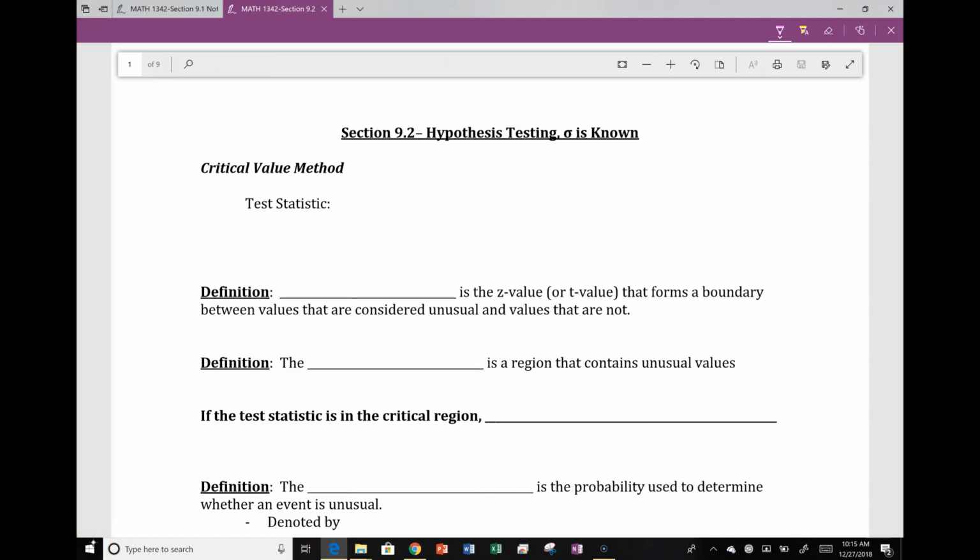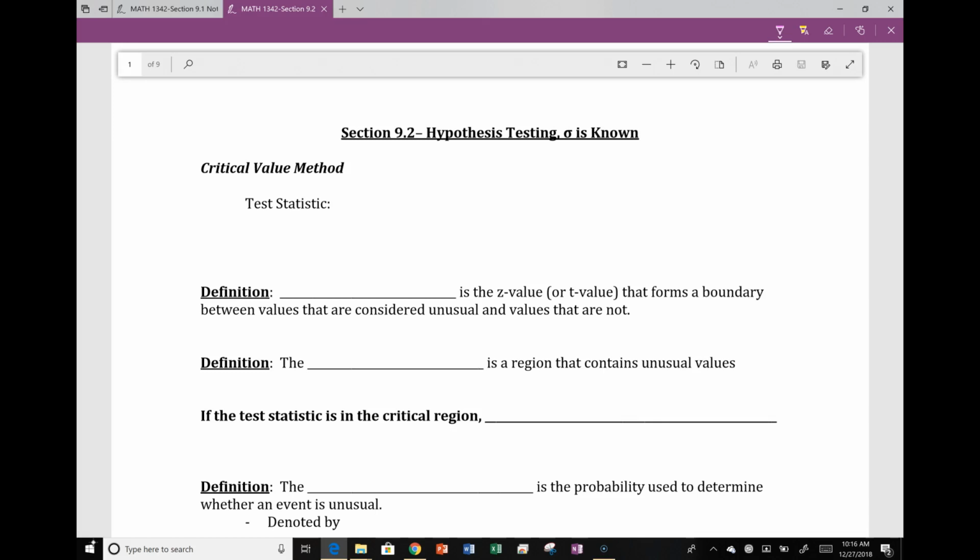We want to continue our discussion with hypothesis testing. And there's a couple of different ways to do hypothesis testing. One of the major differences between the two ways is whether we use a z-score, the cumulative normal score, or the t-score.